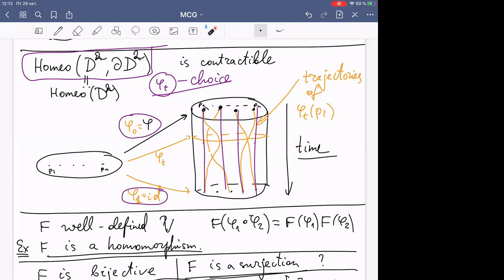Look, there is the following reason why we do not need any deep results here.